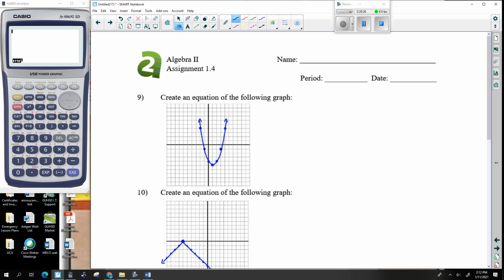Okay, create the equation. Okay, this looks like an x squared. Okay, now what is done to this? Okay, I see that this point, the vertex, is right 1 and down 1, 2, 3, 4, 5. It's right 1 and down 5.